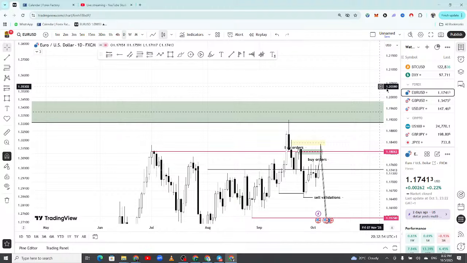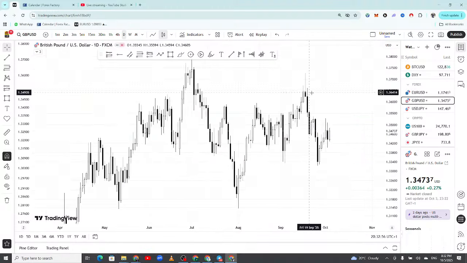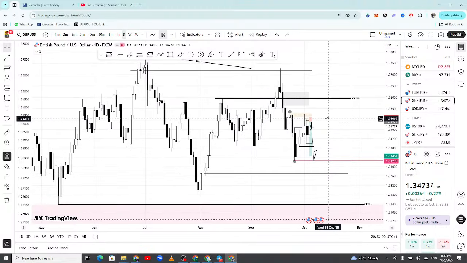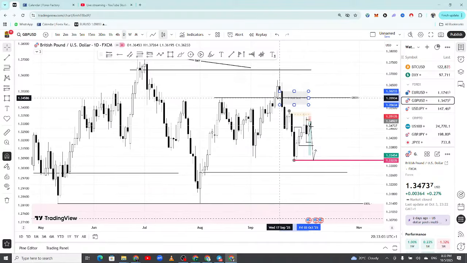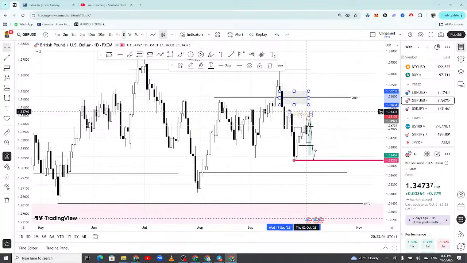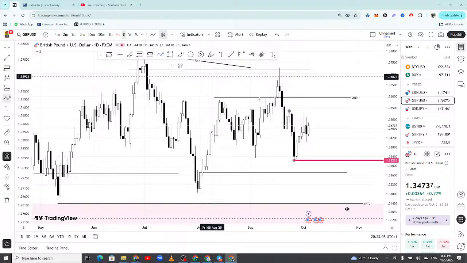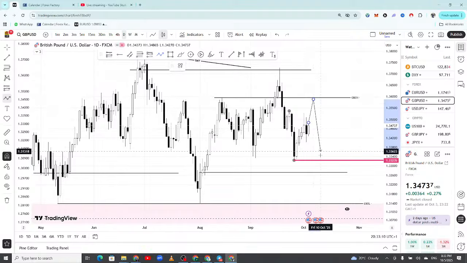All right, so let's open GU actually, and then we'll see. On GU we also have a very clean FVG higher here, and if Euro USD is supposed to push a little bit higher as we mentioned, then we would like to see that happen.